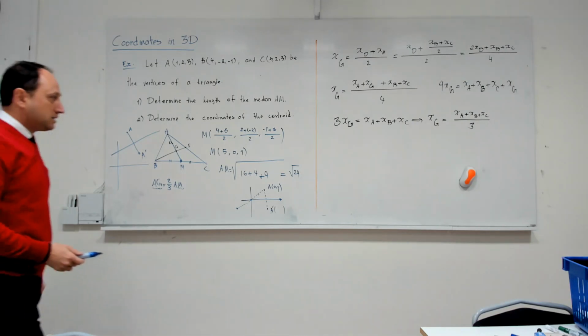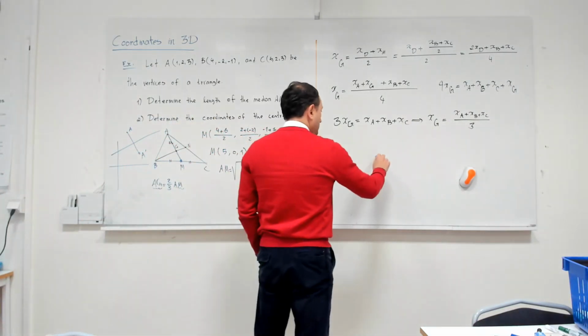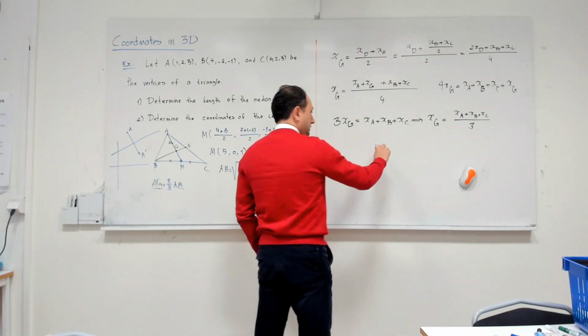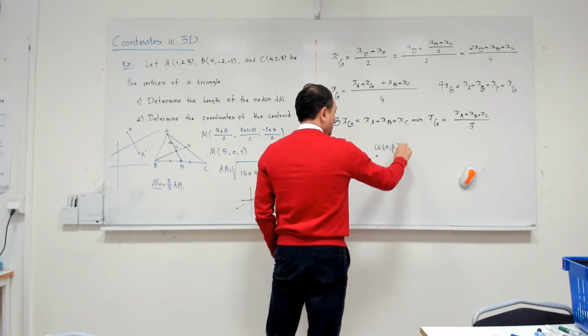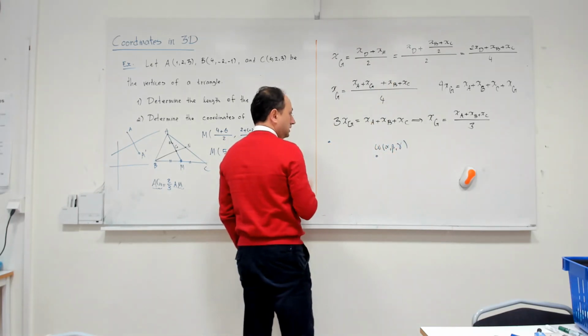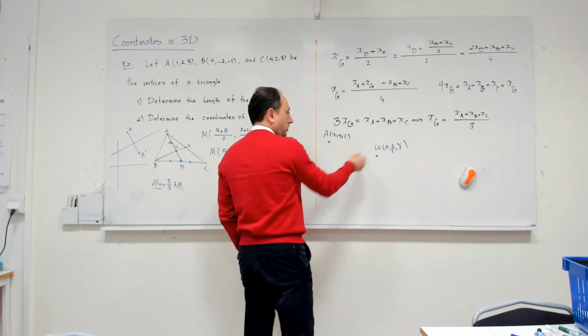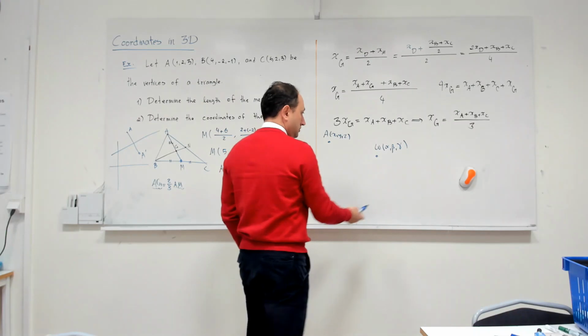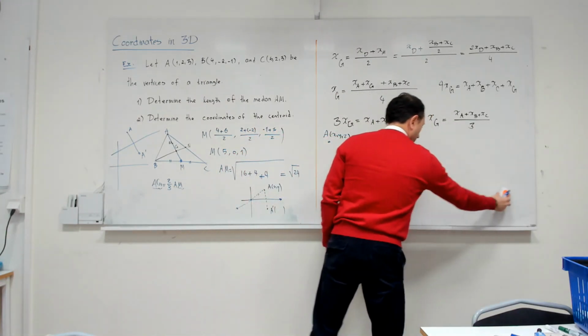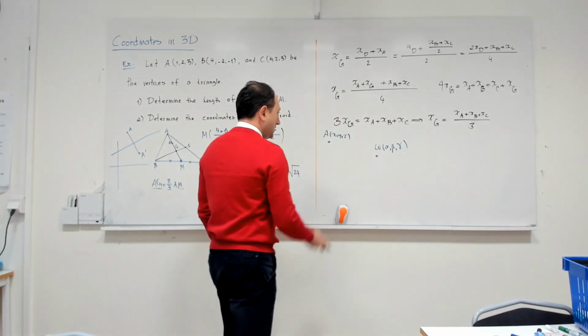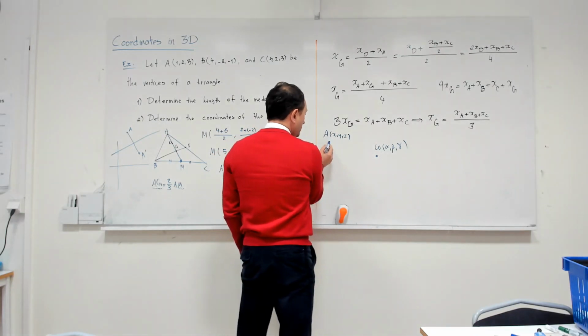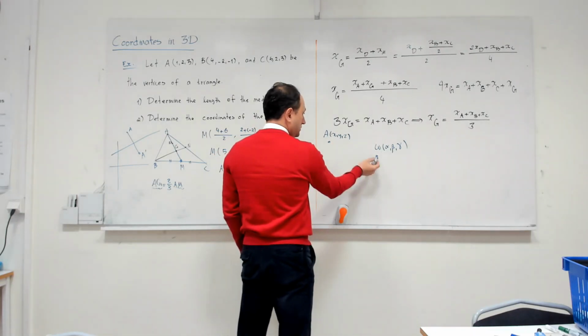Okay, but let me ask you one thing. I give you a point, omega, in a space with coordinates alpha, beta, and gamma. And I give you a point in a space with coordinates x, y, and z. Whatever I'm talking about in 3 dimensions, you can also demote it to 2 dimensions. So now my question is that I want to reflect this point with respect to that point.